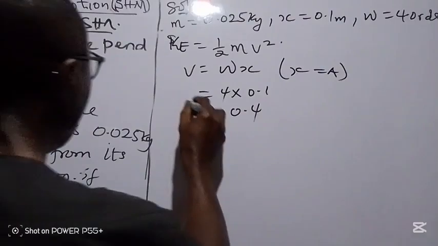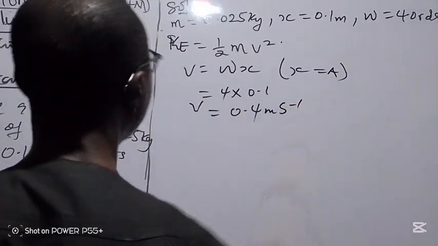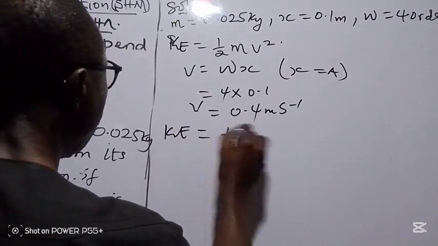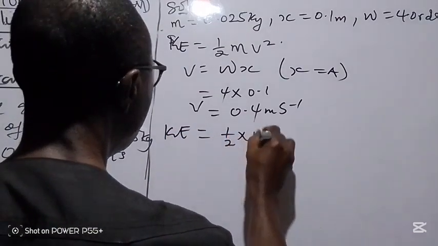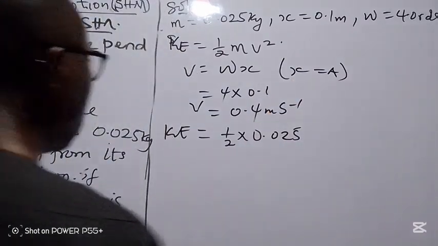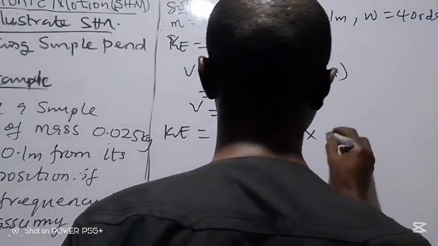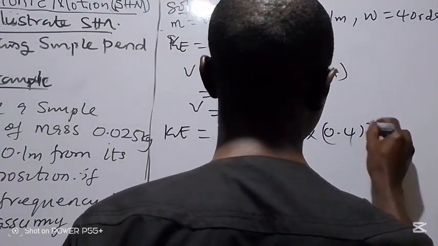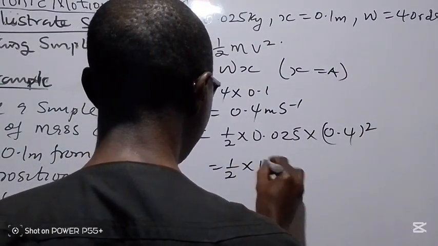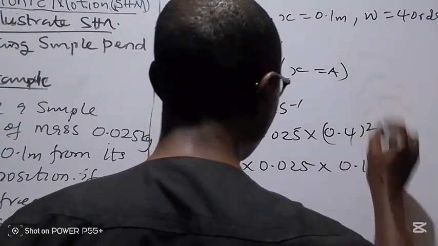So if V is 0.4 meter per second, then we can now say KE will be equal to half into 0.025 multiplied by 0.4 squared. So this one will now give us 1/2 multiplied by 0.025 multiplied by 0.16.